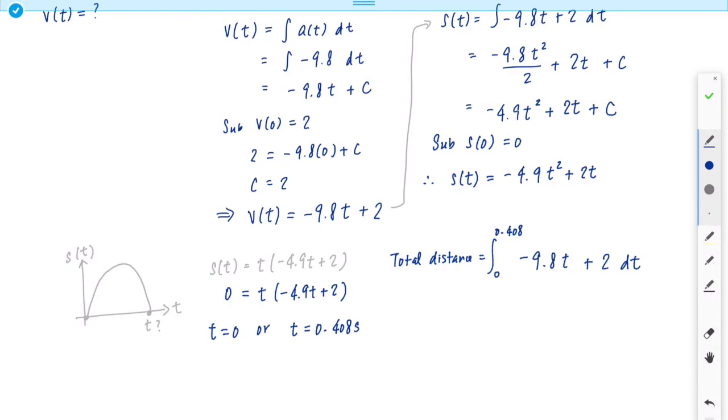And not only that, but to be safe, it should be an absolute value of that. Okay? So now you can use your graphing calculator again to evaluate this number, and it will give you 0.408 meters. Okay?